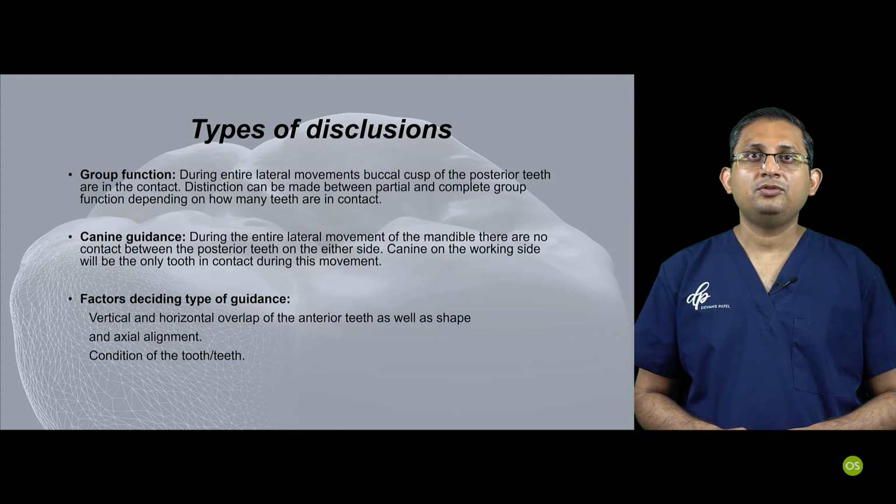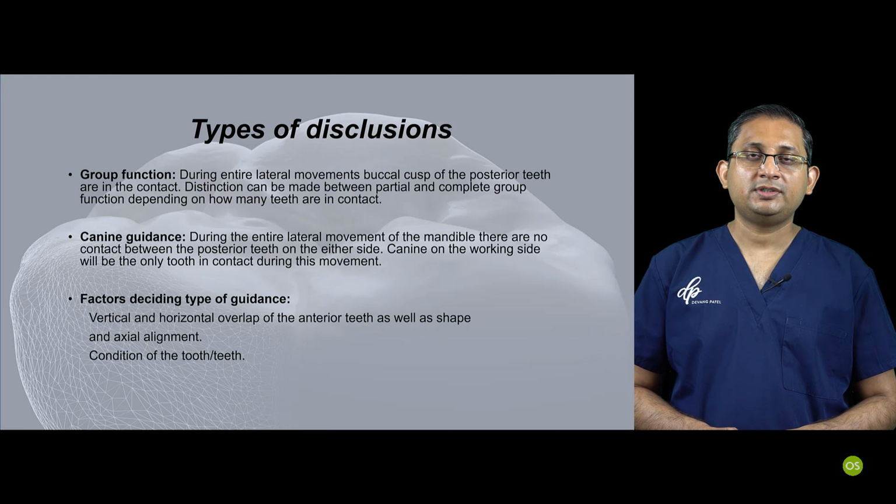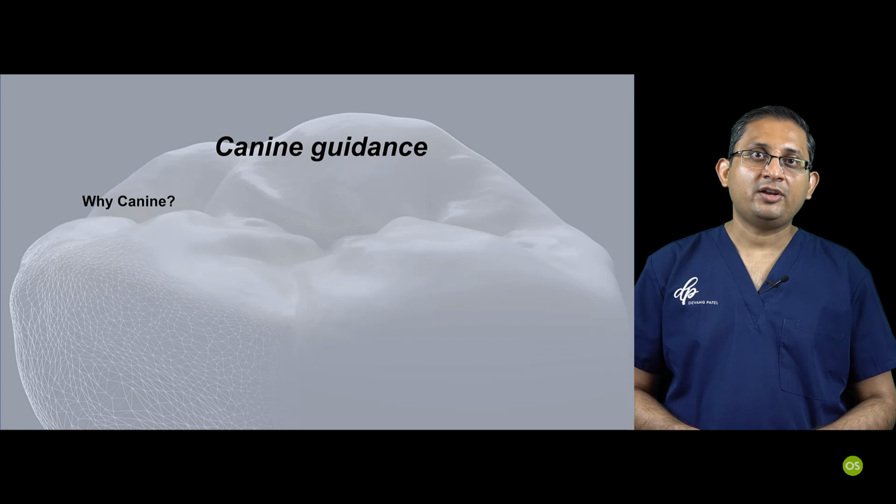So if you would like to do canine guidance, however the canine has a post and core crown, then you potentially want to distribute the load when the patient is guiding and maybe consider group function. So why do we want canine guidance?